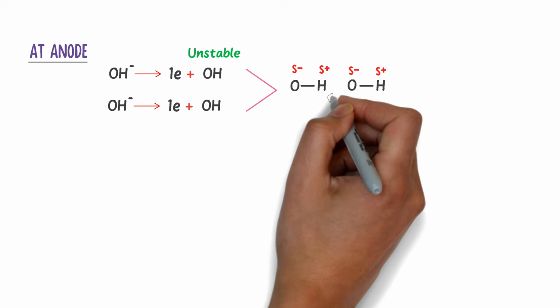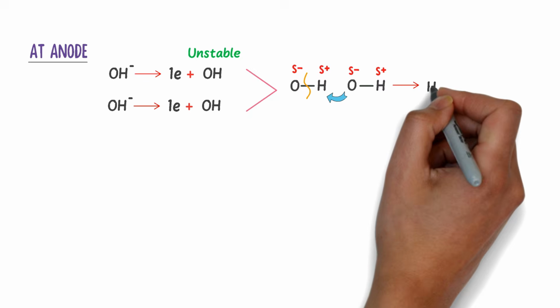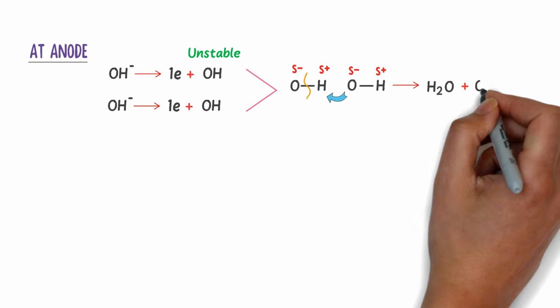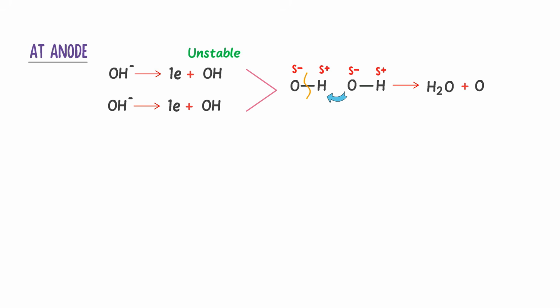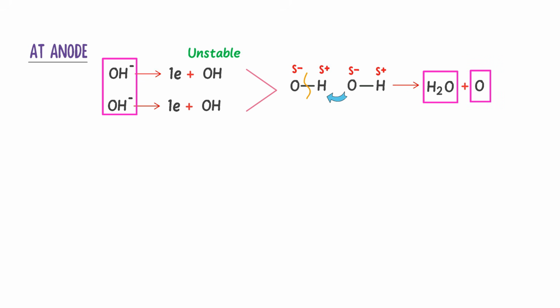Now this partially negative oxygen will attack this partially positive hydrogen. So this OH bond will break up. We will get a molecule of water plus one oxygen. Thus remember that two hydroxide ions lose one electron each to form one molecule of water and one oxygen atom.